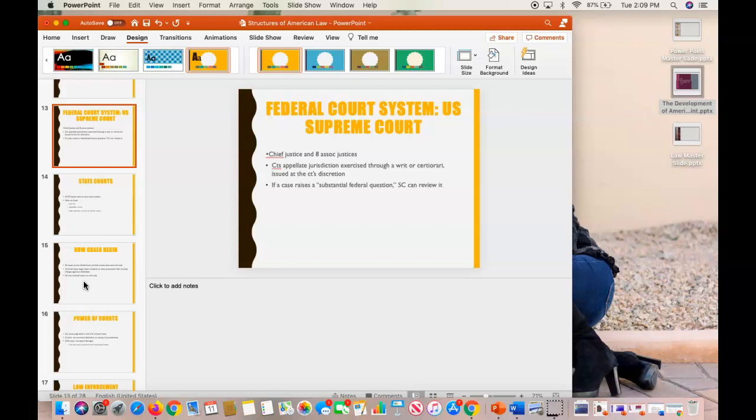This means the court can hear the case on appeal, but does not have to. If a case raises a substantial federal question, the Supreme Court usually decides to review it. The court has broad authority over whether or not to accept a case.